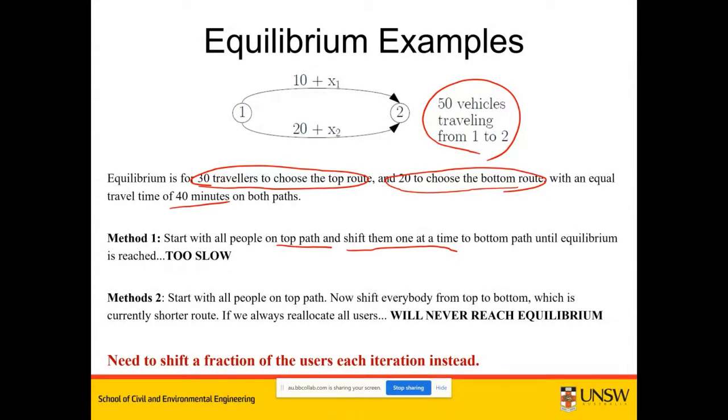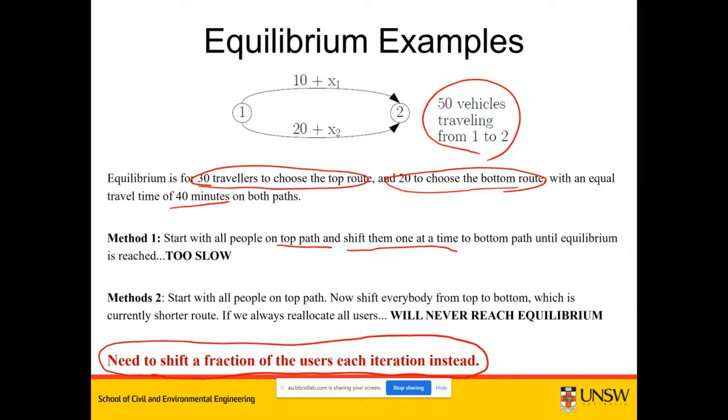But the main question that we try to answer with some of the existing solution methods is we actually need to shift a fraction of the users each iteration. So from one iteration to another iteration, we need to smartly find a way to shift the right amount of people from one path to another path.